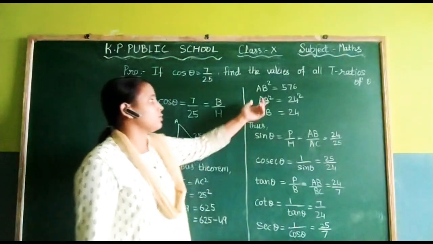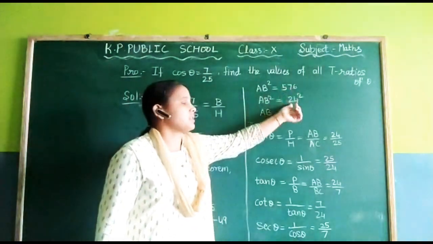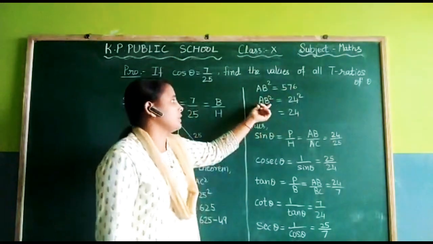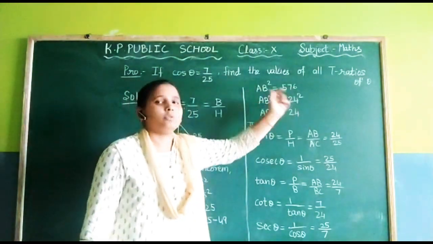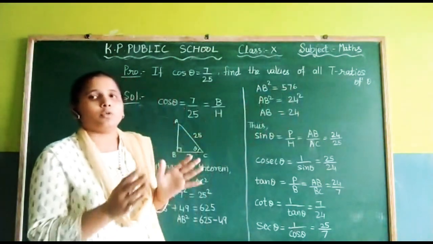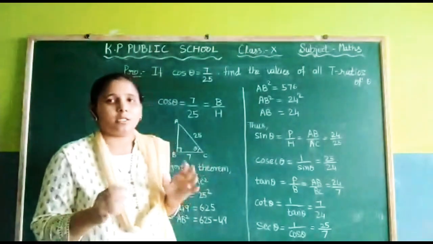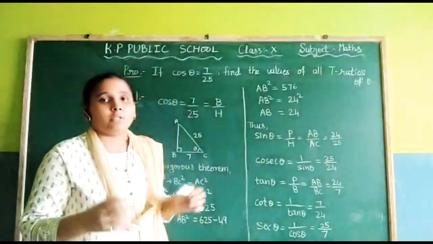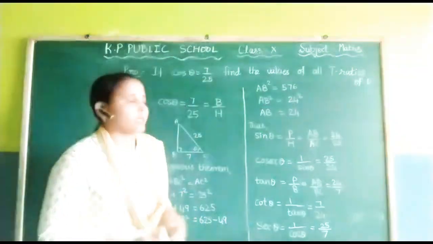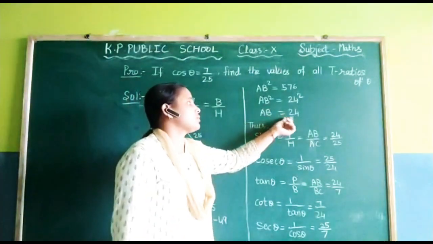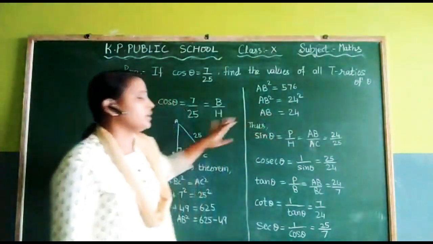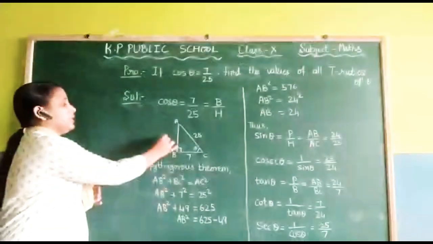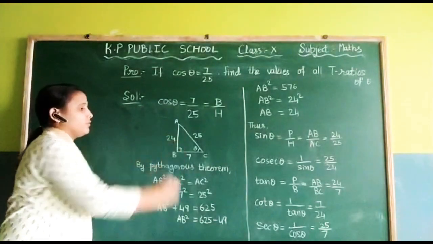If you have learned, you remember that 576 is the square of 24. So here we get AB square is equal to 24 square. On both sides we have a whole square, so we may remove it. Why? We can take the square root of both sides. So we get AB is equal to 24. Here I will write 24.